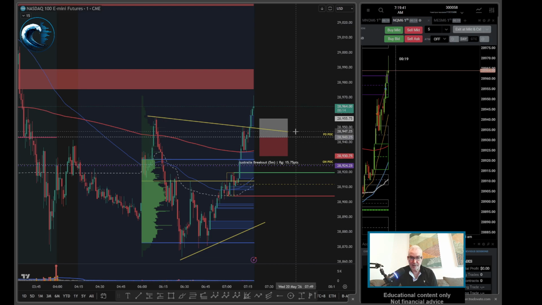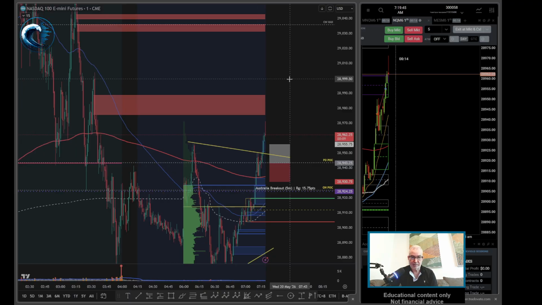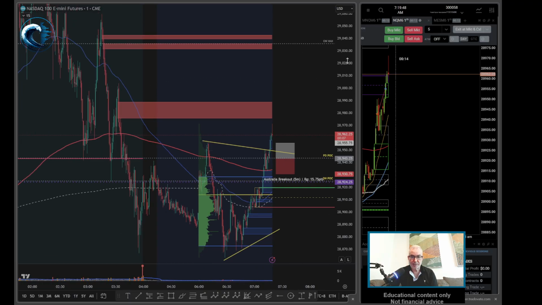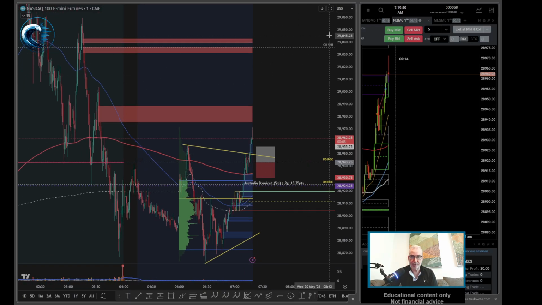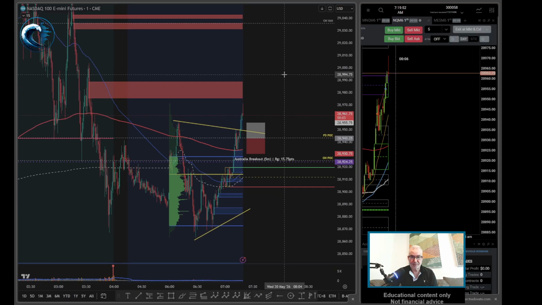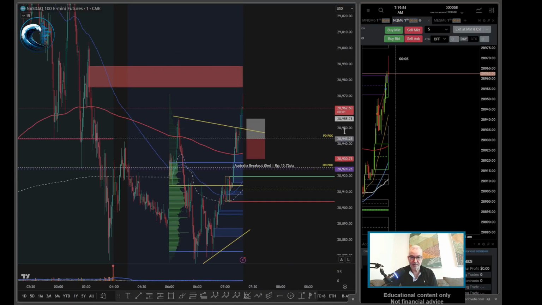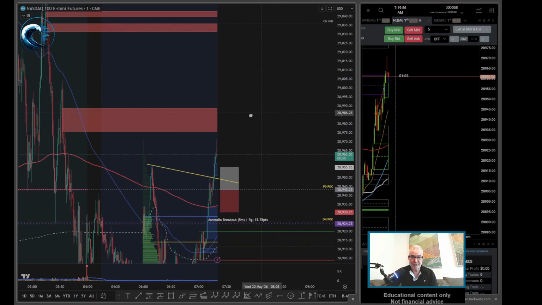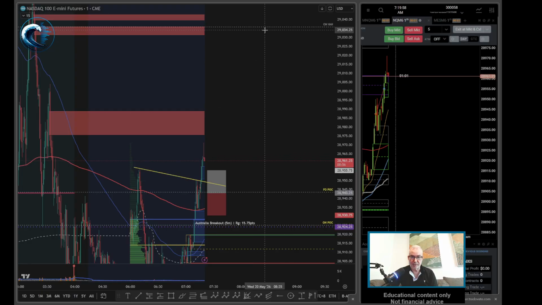Could come down here, but this could be the first move to continue higher. Because there's definitely liquidity up here. It's just if there's enough oomph. And this all might be happening in the Tokyo session.